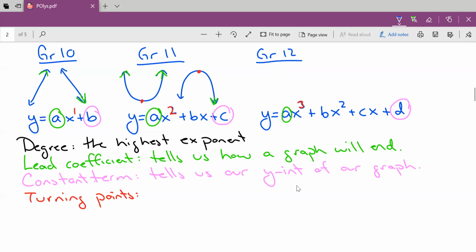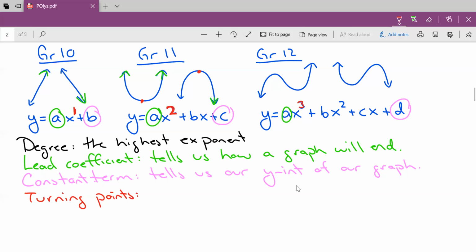Perfect. Here's what our graphs are going to look like in grade 12. 2 turning points. In fact, as we get into degree 4 and degree 5, we might see a couple more turning points. Okay, so that's important. So how do I know my turning points by looking at the equation? So degree 1, 0 turning points.